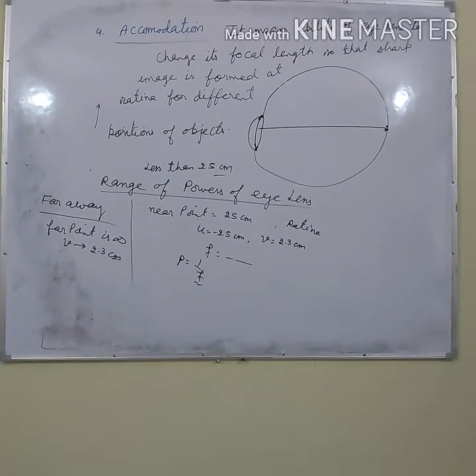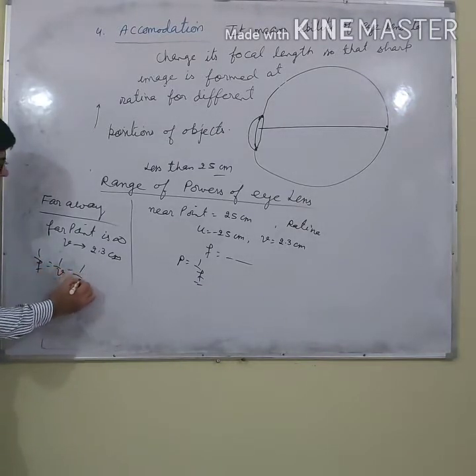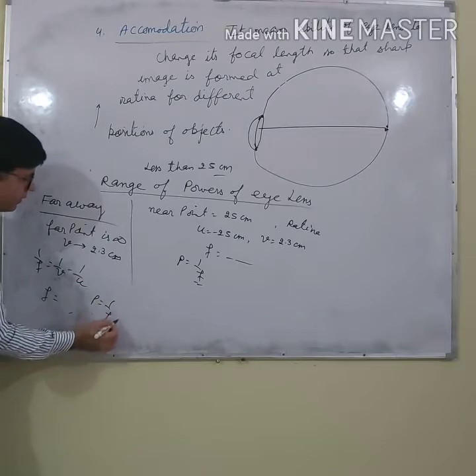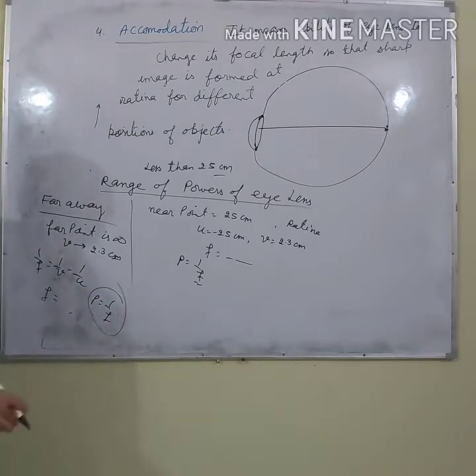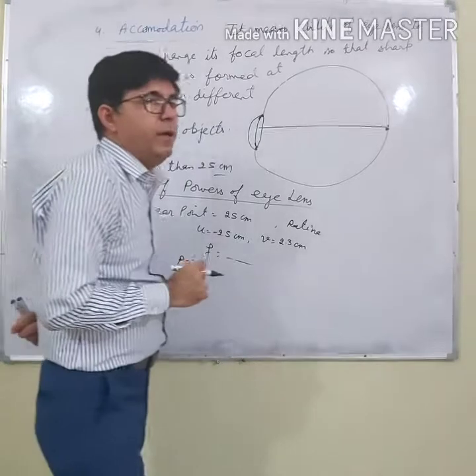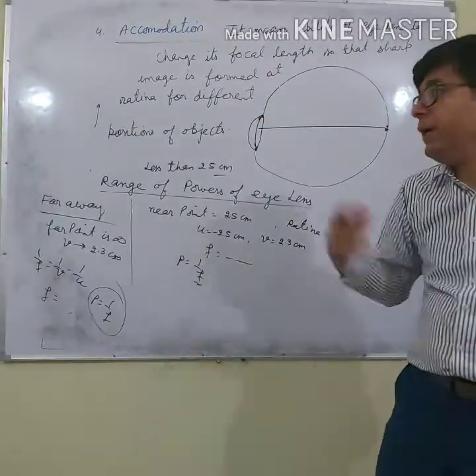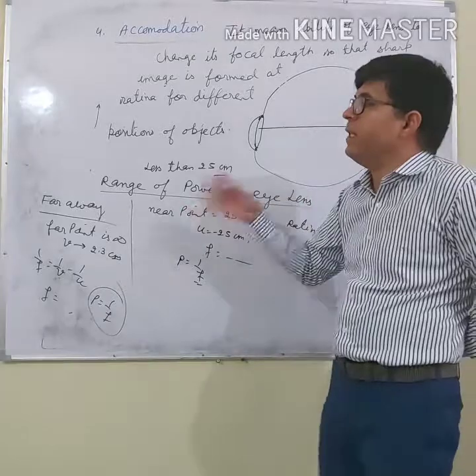So again using the lens formula, 1 by f equals 1 by v minus 1 by u, I can calculate f, and hence I can calculate power, that is 1 over f. So in this way we are able to calculate the maximum power and the minimum power of the lens.